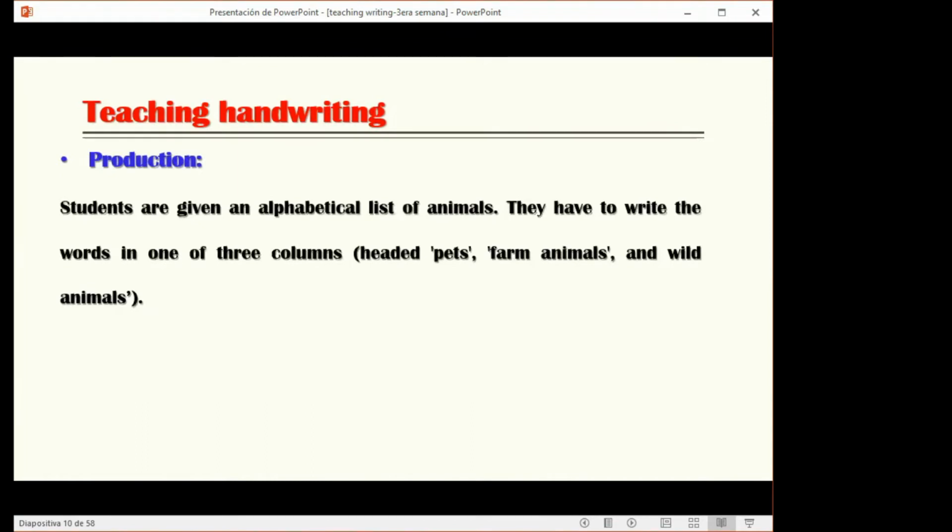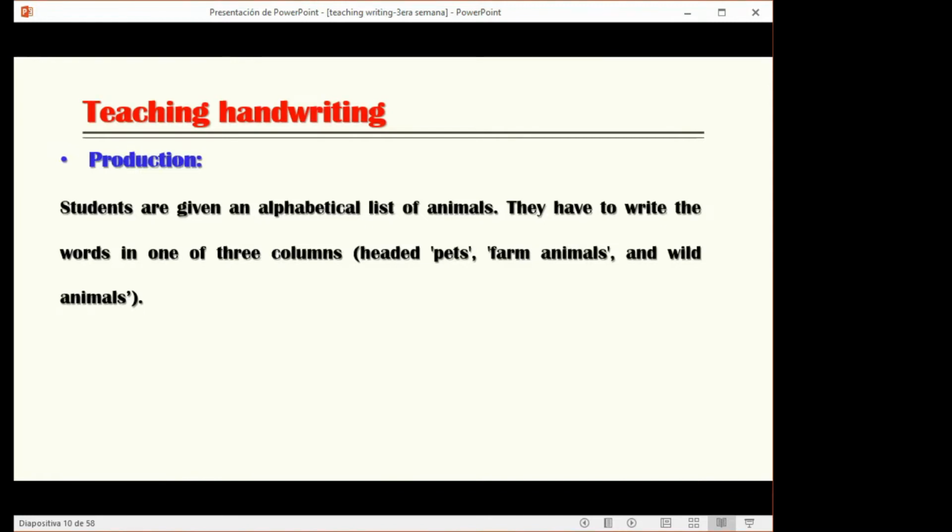Students are given an alphabetical list of animals. They have to write the words in 1 of 3 columns, headed pets, farm animals, and wild animals. So they need to write. They need to categorize.